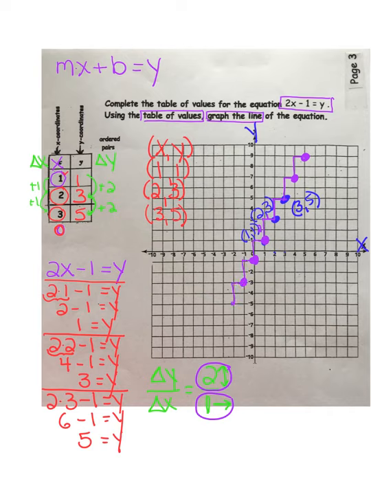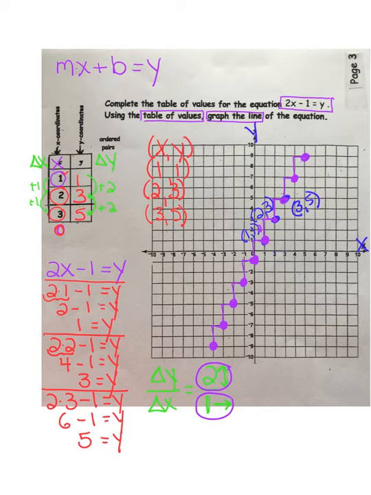Over 1, down 2, and continue this until you run out of graph. All of these points that you've marked are solutions to this particular equation. Any one of these would be a solution.